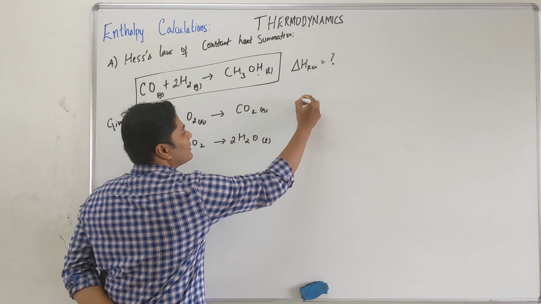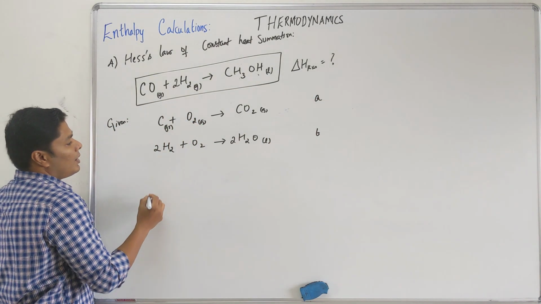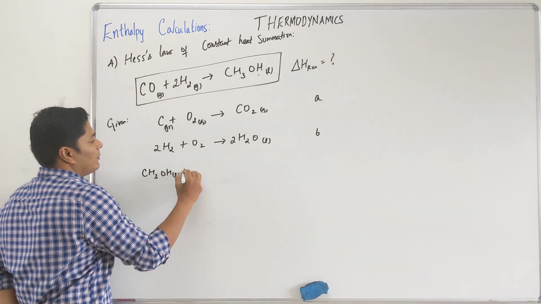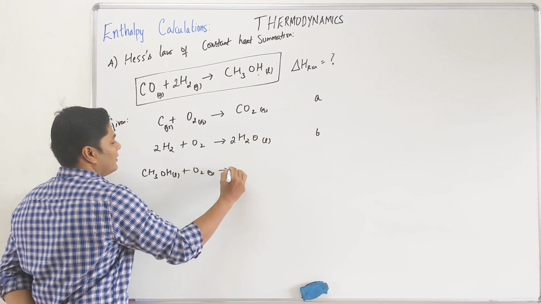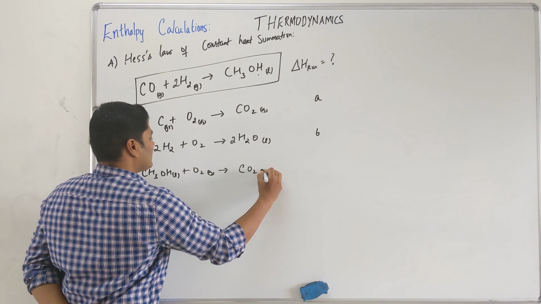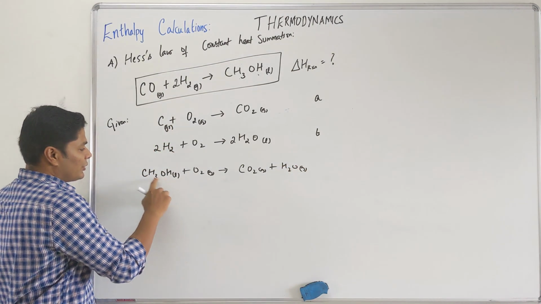Let's say they give you this as A, B. They can also give you CH3OH liquid plus O2 gas gives you CO2 gas plus H2O gas. So there are 4 of them.